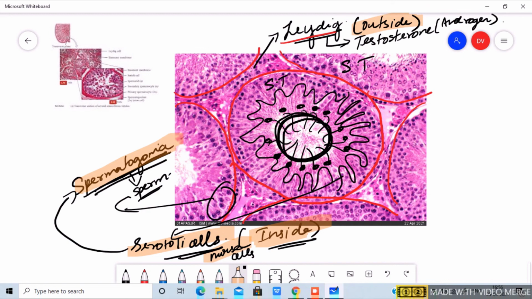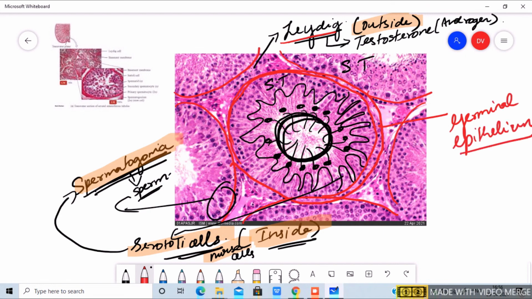One more important piece of information is that the lining of the seminiferous tubule is made up of an epithelium called germinal epithelium.